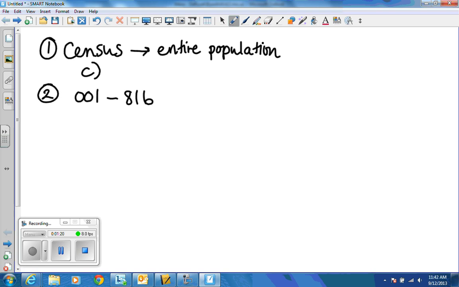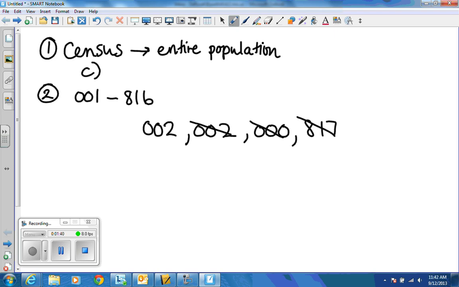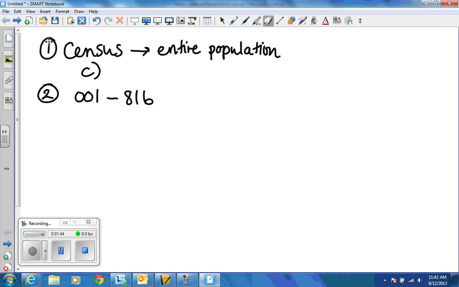If I had selected digit 002 and 002 again, that's the exact same person, so that one would not be included. Or if I had the digit 000 or 817 or above, those are not included as well. So as we go through this list, we need to make sure we don't have repeats and we don't have numbers outside of the range listed.